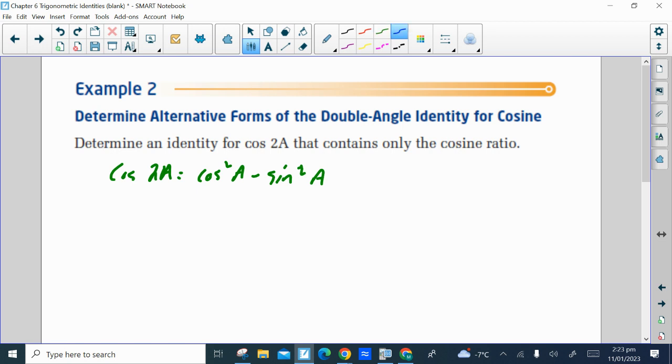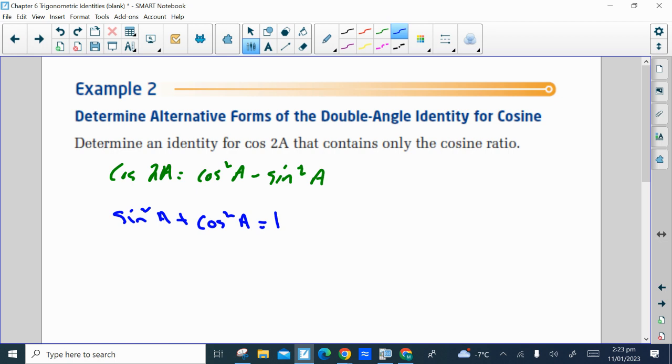To do this, we're going to use our Pythagorean identity that we looked at yesterday, and that is that sine squared A plus cos squared A equals 1. We're going to use it a lot in this section.